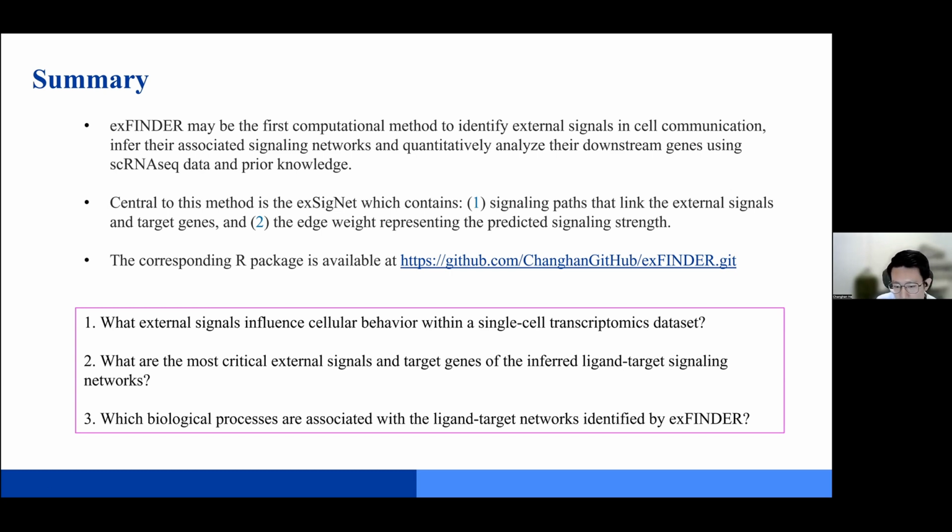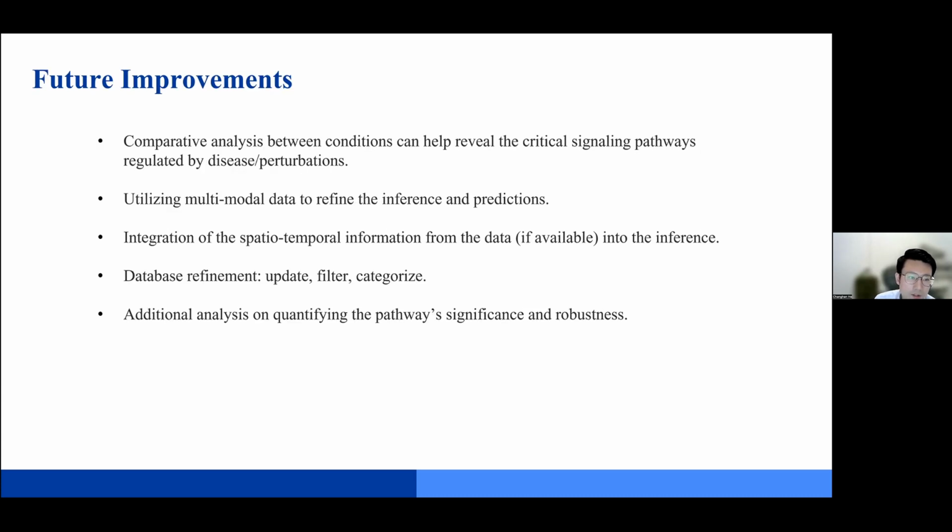Of course, since this may be the first method to do that, it also has a lot of potential improvements. I list a couple. First, right now exFINDER cannot do comparative analysis at the same time, like parallel analysis on 2 conditions.